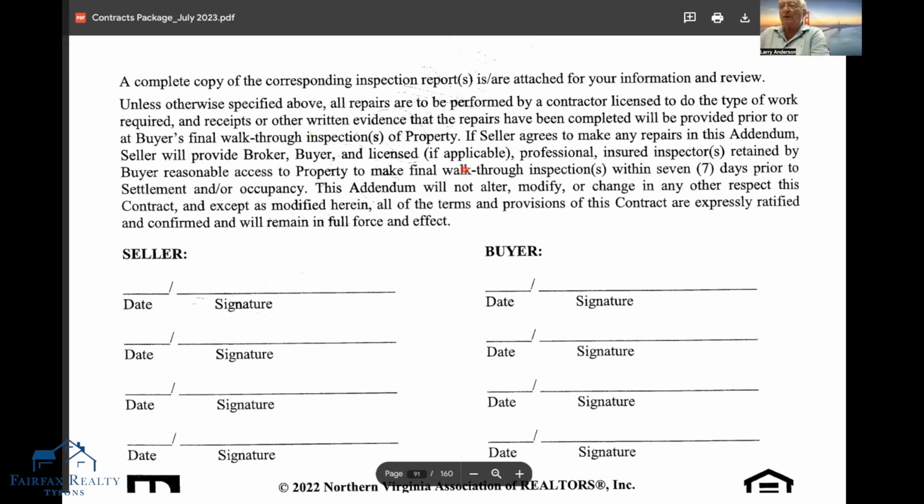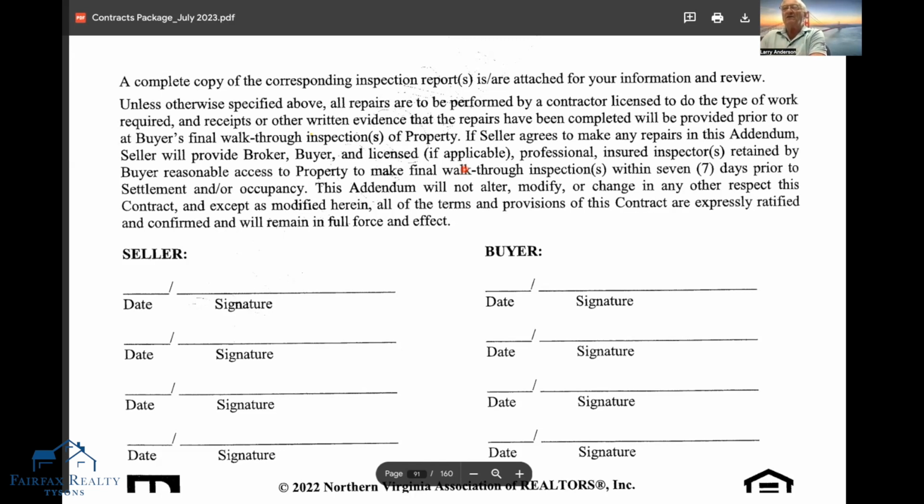If you remember paragraph 9 that we discussed 2 weeks ago, under paragraph 9, the only parties that have the right to do a walkthrough of the subject property would be the purchaser, the people on the contract, and their agent. However, if your seller agrees to make one repair on this addendum form, now they allow me to bring my home inspector back to do my final walkthroughs.